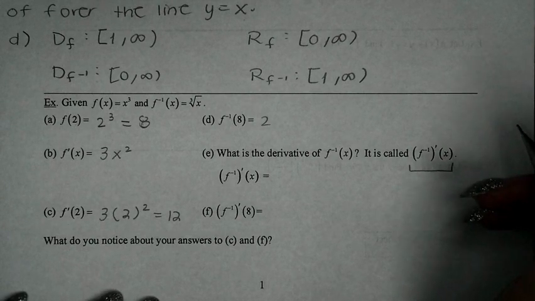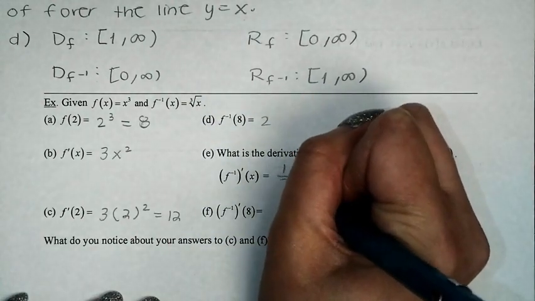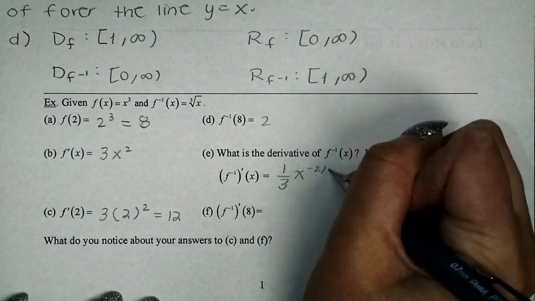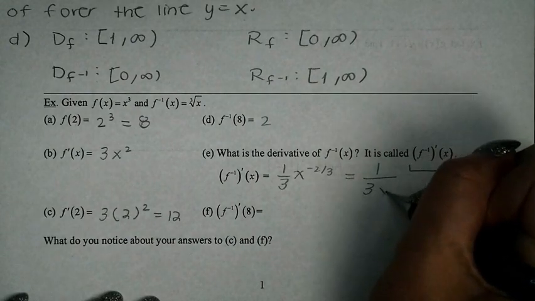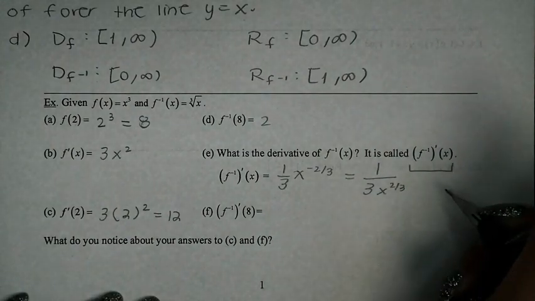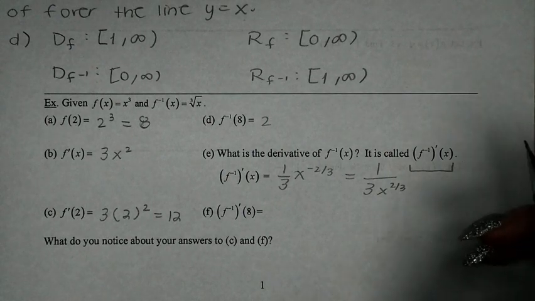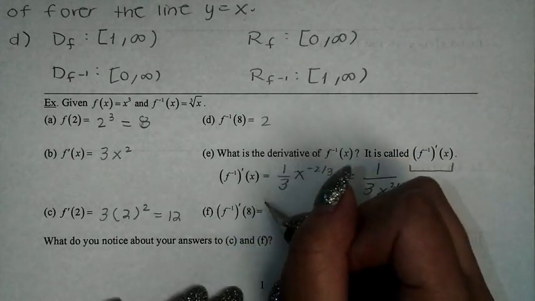So what's the derivative of this guy? The derivative of that, via the power rule, is 1 over 3 times x to the power of negative 2 over 3. In other words, it's 1 over 3x to the power of 2 over 3 in the denominator. Whatever you prefer works. Lastly, we have the derivative of the inverse at x.